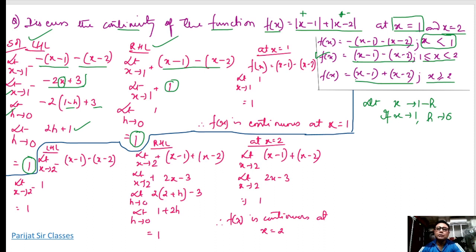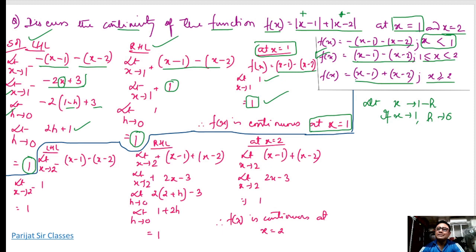Similarly, at x equal to 1, since the equal to sign is given, we have to choose again this function, and it comes out to be 1. Since the left hand limit, the right hand limit and the value at x equal to 1 are all the same, it is continuous at x equal to 1.